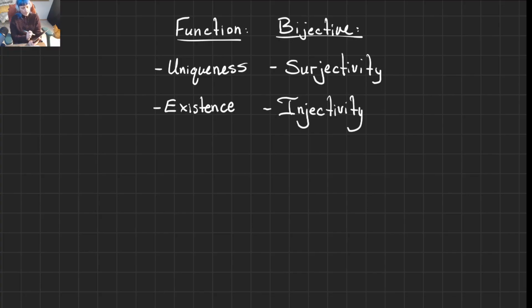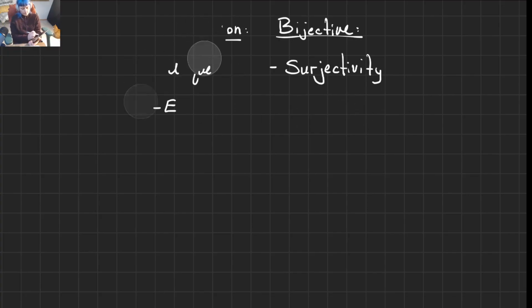Okay, so let's go ahead and get into these. So first, we're going to assume that we have a function, and that function is just f of x. All right, so does f of x exist? So existence, it quantifies a statement over the domain.